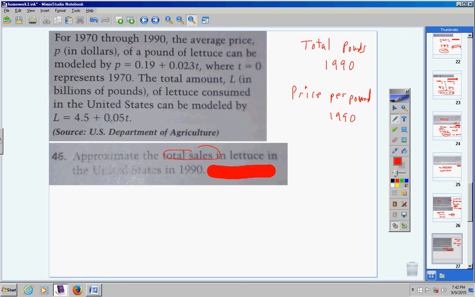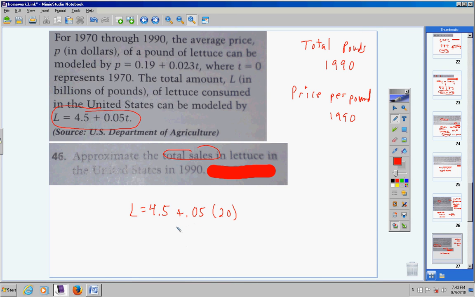All right, here's my model right here for total poundage, okay? And notice your L is in billions, okay? Billions of pounds. So this model here, if I put in a year, I get out the pounds. We're dealing with 1990. Don't forget, 1970 is 0. So 1990 would be 20. So I'm going to put 20 in for T. So L equals 4.5 plus 0.05 times 20. Now 20 represents 1990, and this model here is made so that when I put in a year, I get out the total pounds consumed for that year.